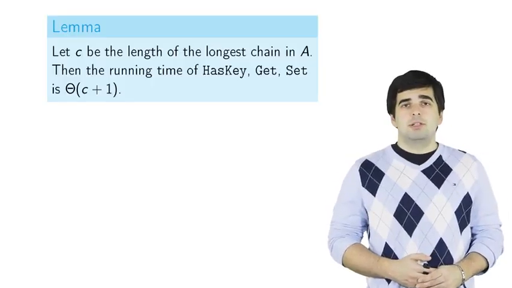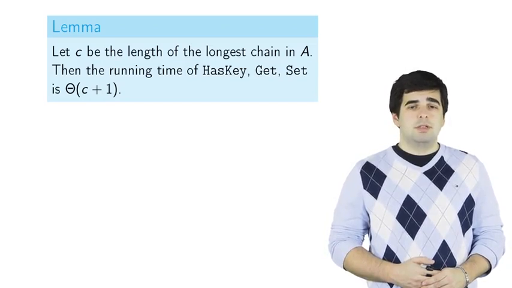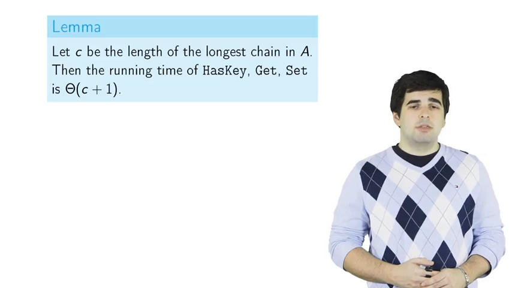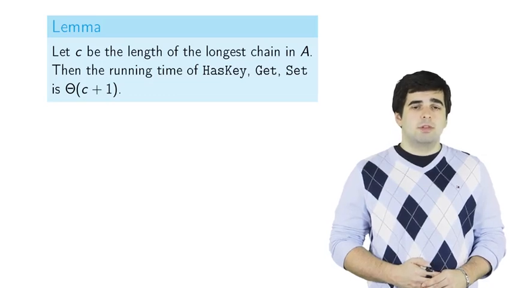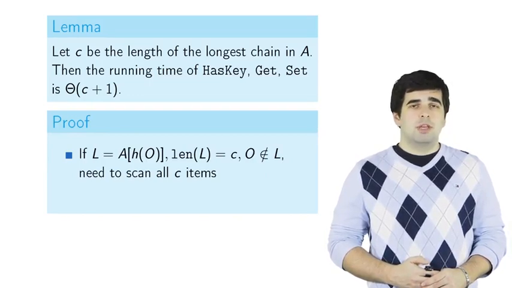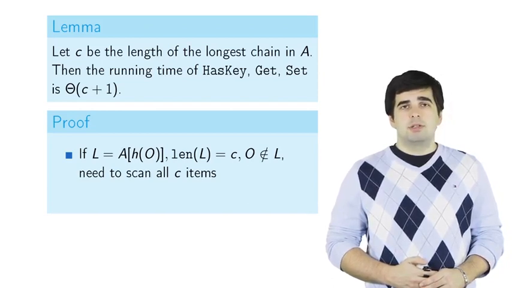Now let's look at the asymptotics of the chaining scheme. The first lemma says that if C is the length of the longest chain in A, then the running time of all three methods is theta of C+1. First, if we look at the list corresponding to some object O, the list in the cell number h of O, then the length of this list can be C. This can be the longest list itself.